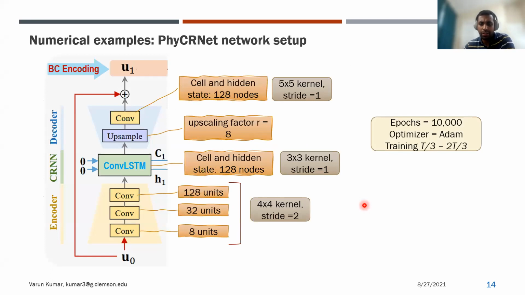This slide basically shows all the other details of how many nodes they have used and the structure of their network. They're training their CRNet model for 10,000 epochs using an Adam optimizer. And these are just details of how the network is set up.